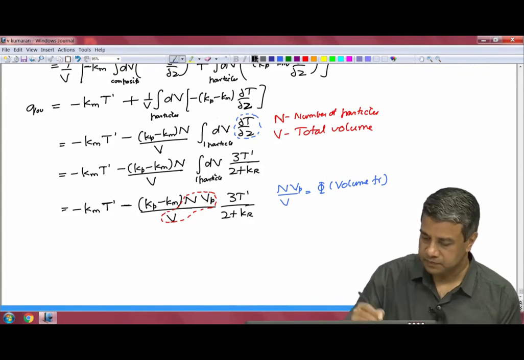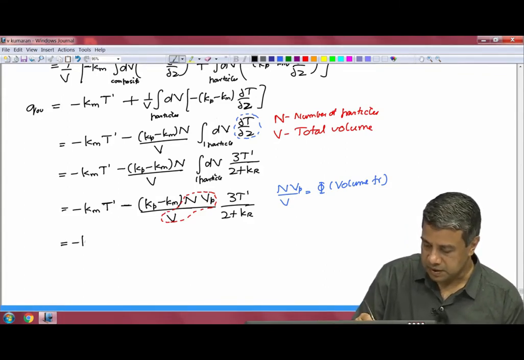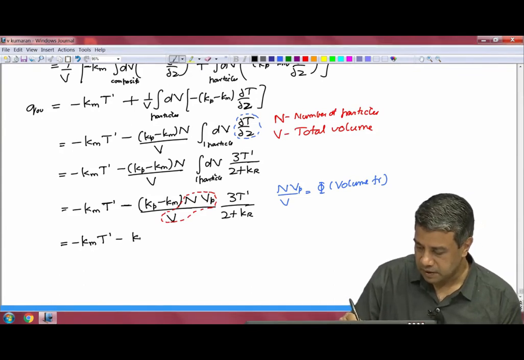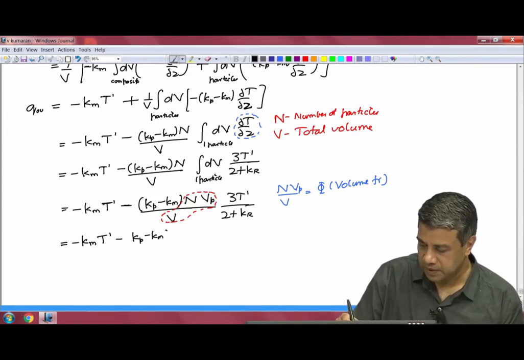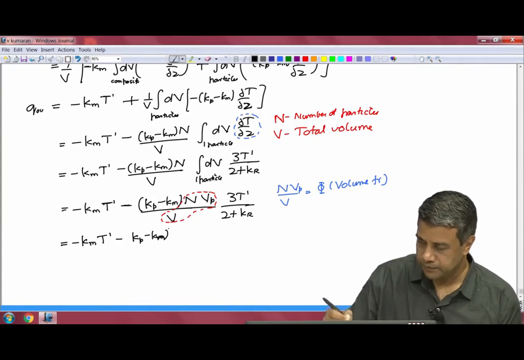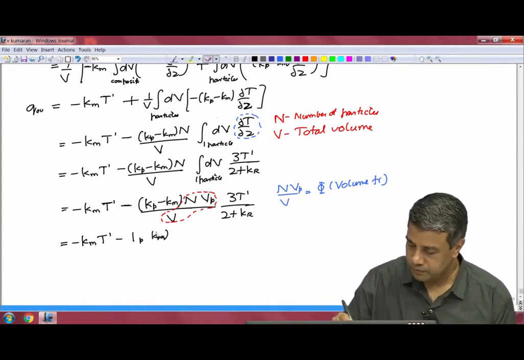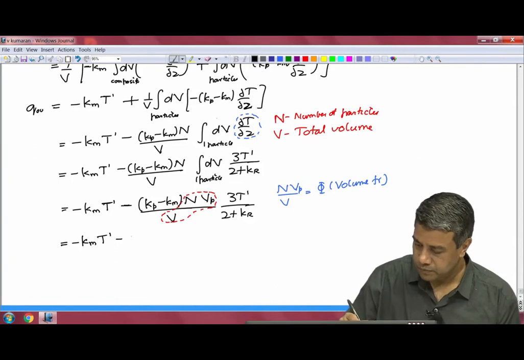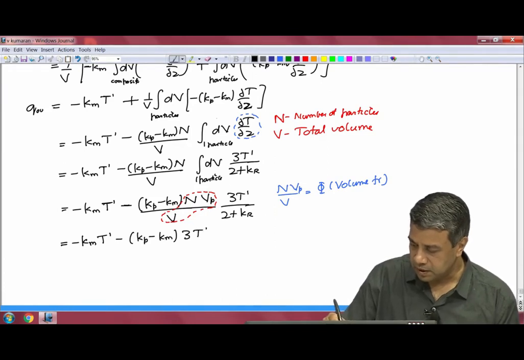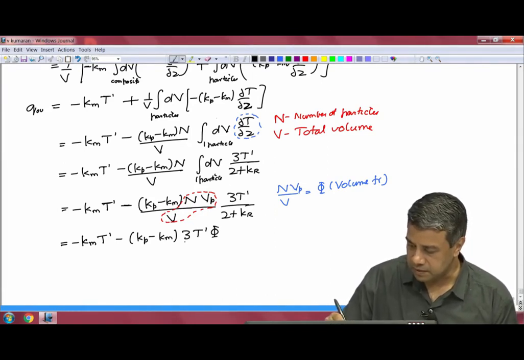So, this is equal to minus Km T′ minus (Kp minus Km) into 3T′ into the volume fraction by 2 plus Kr.